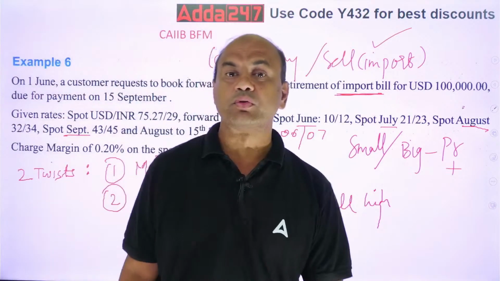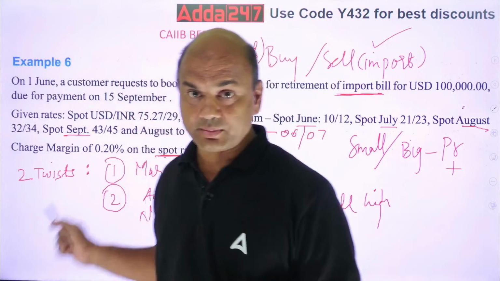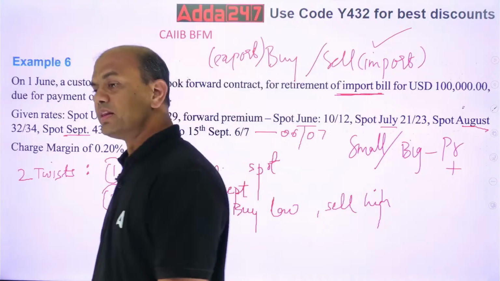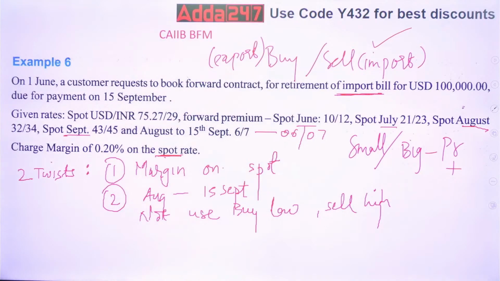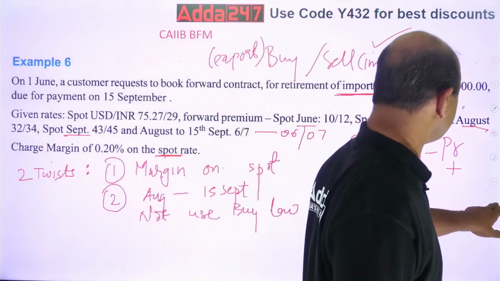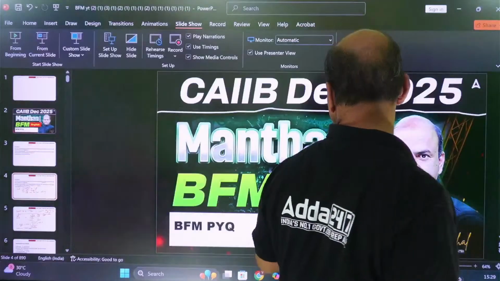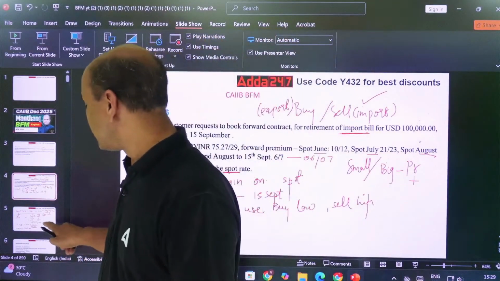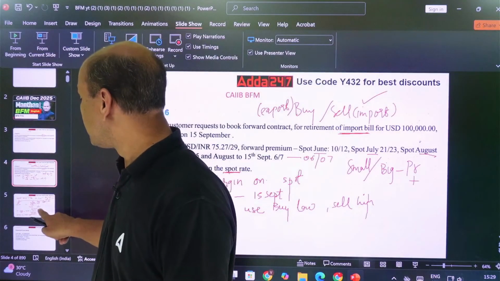Let's go for the revision of some important parts of this numerical. I'll write them over here because you must know these. It shouldn't happen that you forget them later.